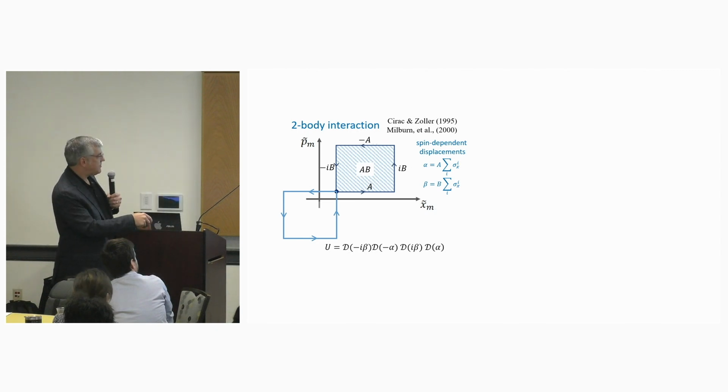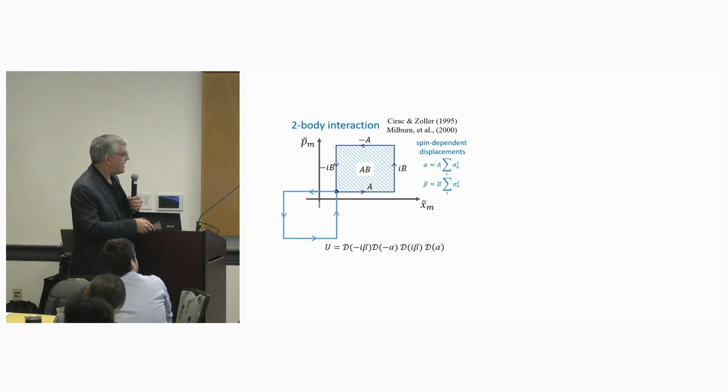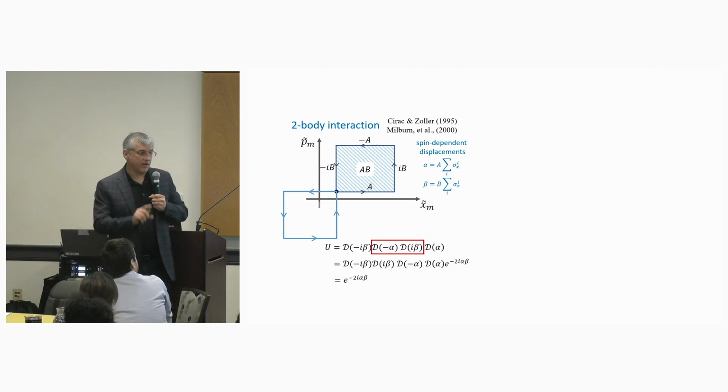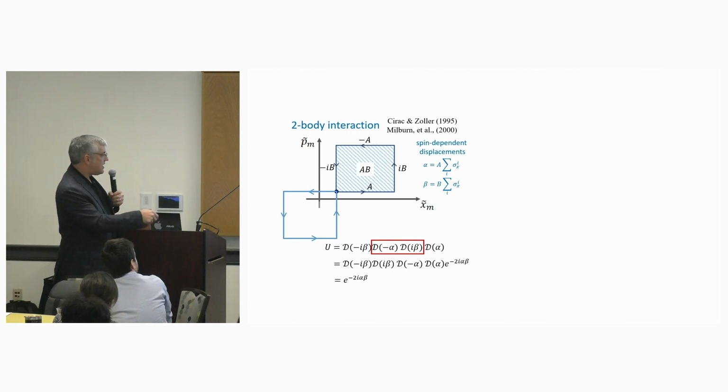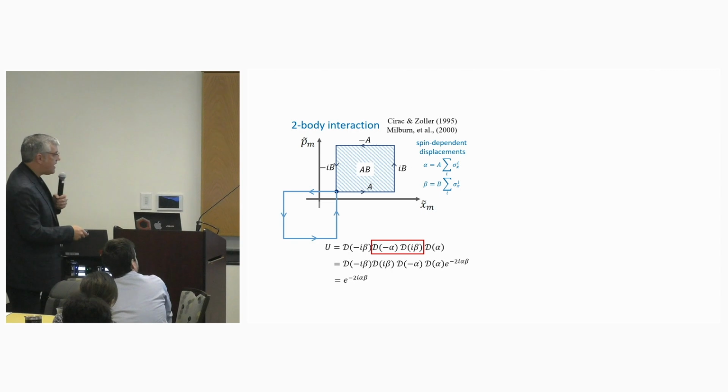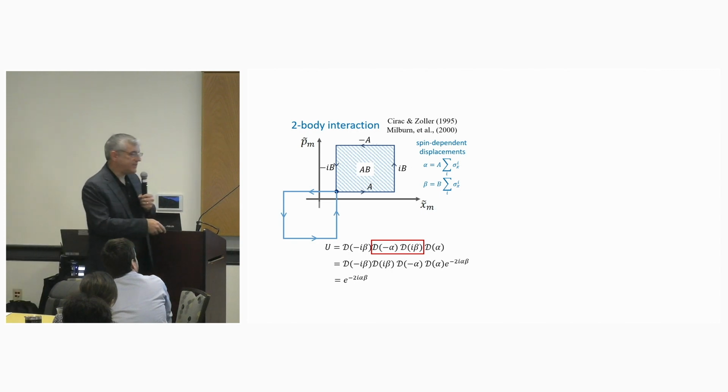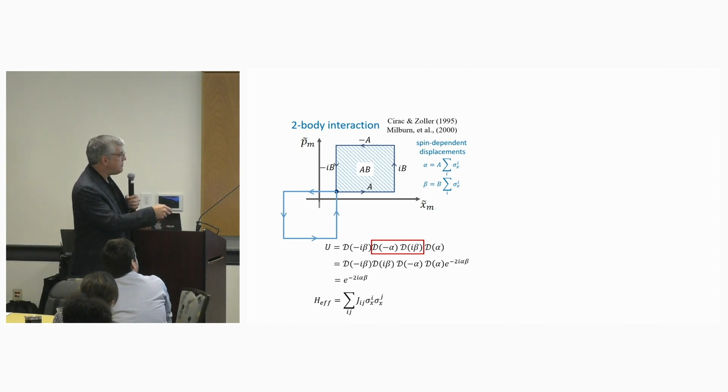We displace again, we undisplace again. Should add to 0. But in fact, the displacement operators don't commute. You get a phase factor when you switch the order. And so you end up with this phase factor in the end. That's exactly the phase of the Ising gate we're looking for. And it's bilinear in the spin operators. It's XX, because alpha and beta are both linear in X.